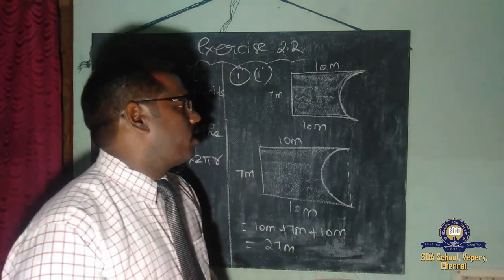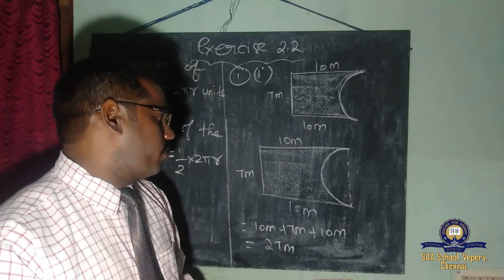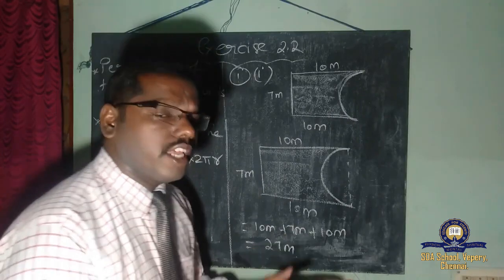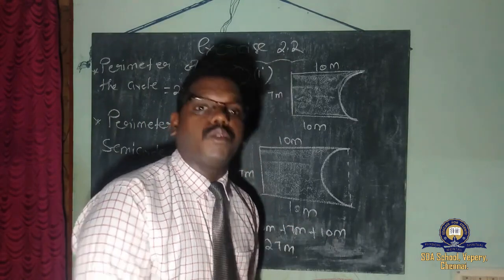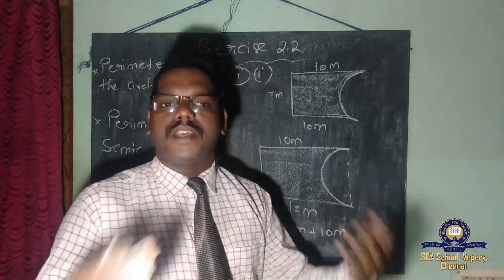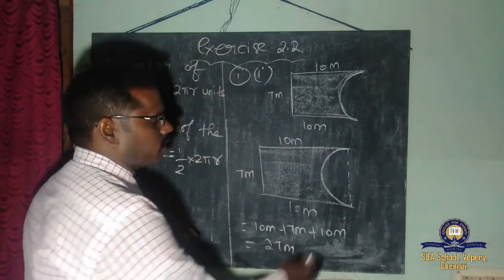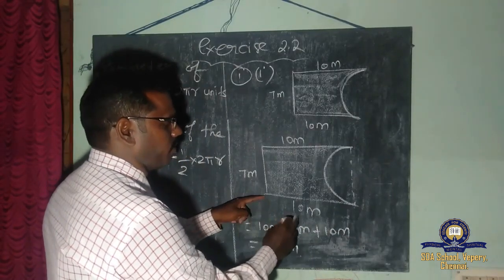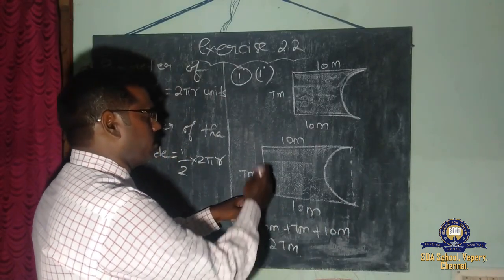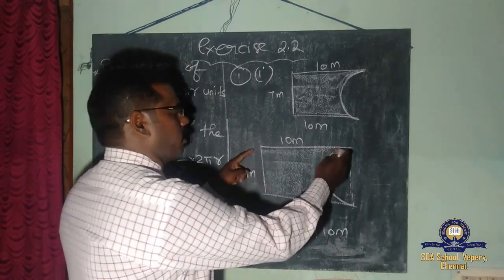Okay, now we will find the perimeter. How do we find the perimeter? The distance covered by me from the starting point to the ending point, that is called perimeter. Last year itself I told you, isn't it? If I start here, from here I come here 10 meters, then from here to there 7 meters, totally 17 meters, from here to there 10 meters.